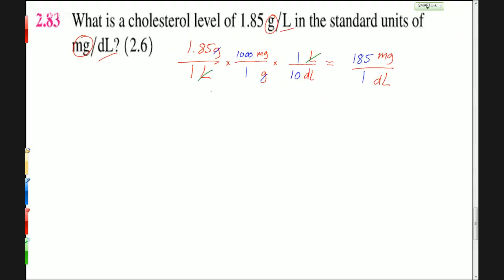Okay, so that's a good introduction into our next thing, which is density. We're going to be measuring some densities in lab on Wednesday. But anybody know what density is?